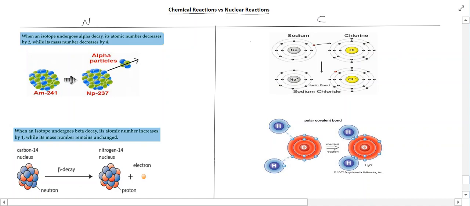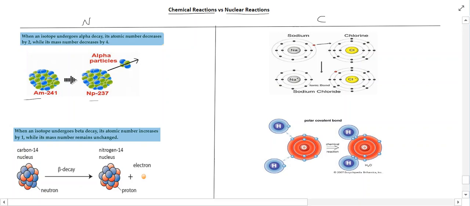Now, ultimately, the way to think about it is that nuclear reactions involve the nucleus of atoms. So it's a change in the nucleus of the atoms.